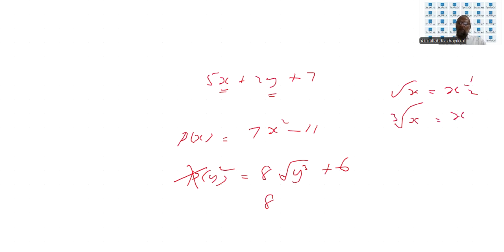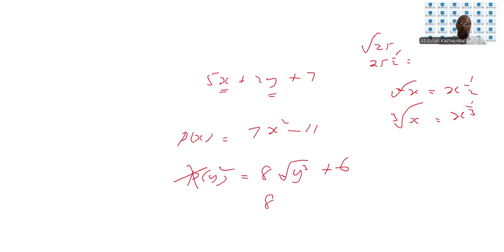Here the 2 is there, but we are not writing it. Square root means the power 2 is there, we just cannot see it. Take 25 to the power of 1 by 2: that means square root of 25, which is 5.